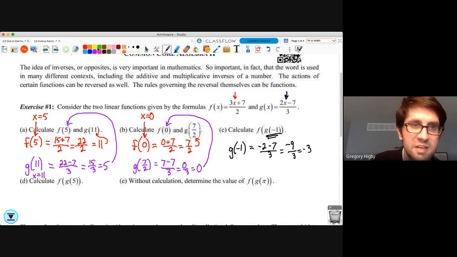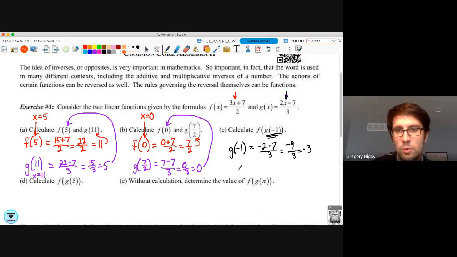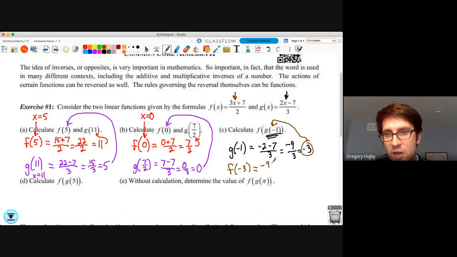So what that tells me is now, because g of -1 equals -3, we're going to do f of -3. This thing replaces what was inside the parentheses. So now we go to the f function and replace that x with -3. Well, 3 times -3 is -9. Plus 7 is -2. Divided by 2 gives me -1.